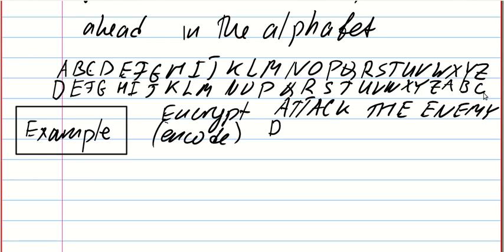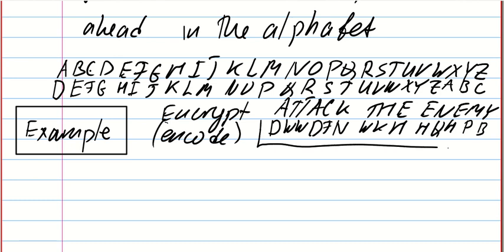Now it's really easy to take T and say it's going to be W. For A we have D, for C we have F, for K we have N, for T we have W, for H we have K, for E we have H, for N we have Q, for E we have H, for M we have P, and for Y we have B. And this is our encrypted message.